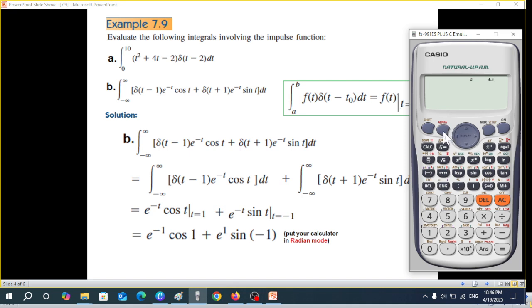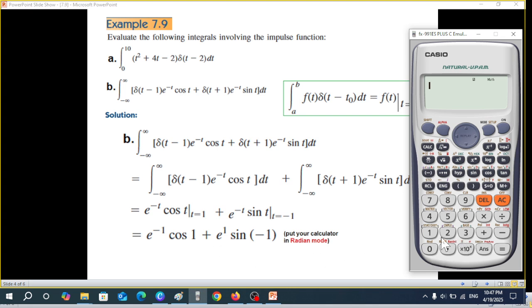For that we press shift and mode. You can see 4 is for radian, so we press 4, and now we are in radians. This is very small, but it is in radians, and now we can calculate this value.